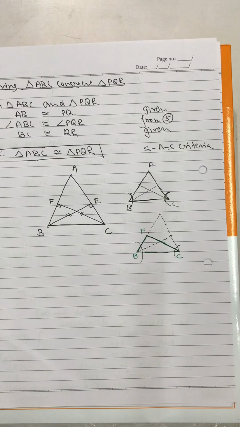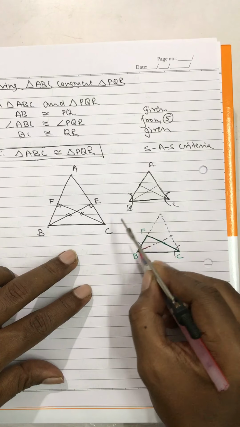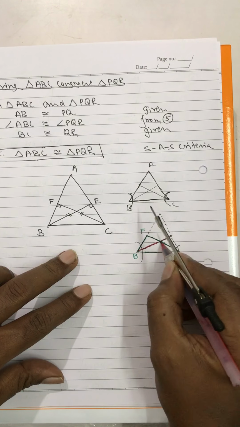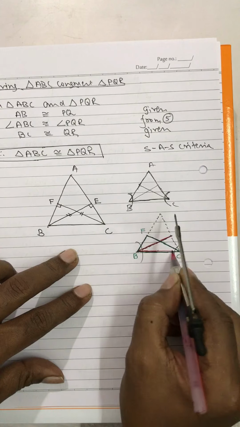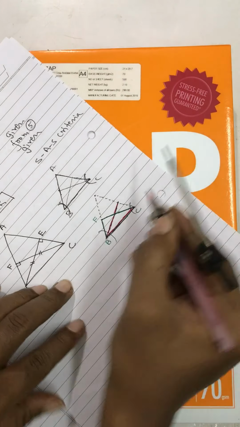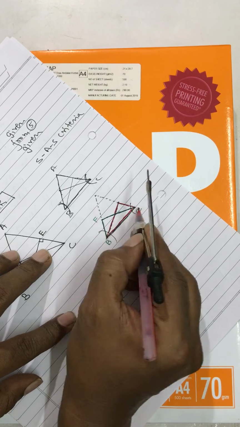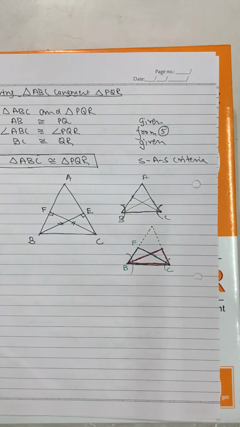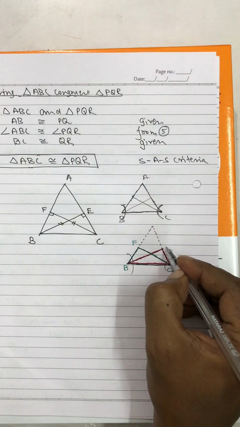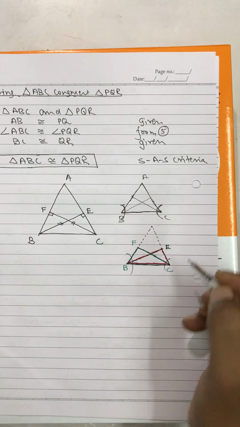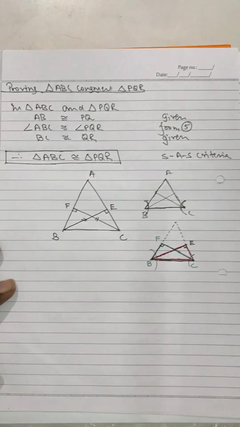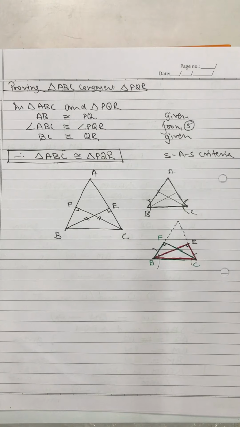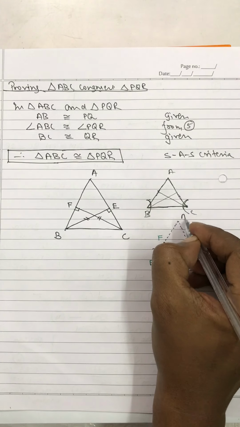And the other will be BEC. Fine. BEC. These are right angle triangles. Fine. This is A.